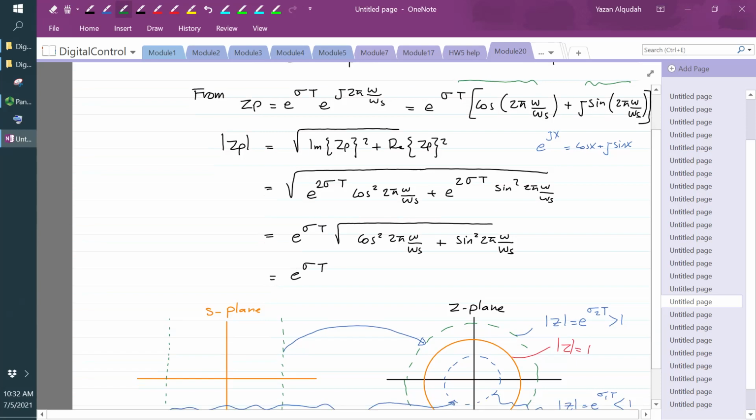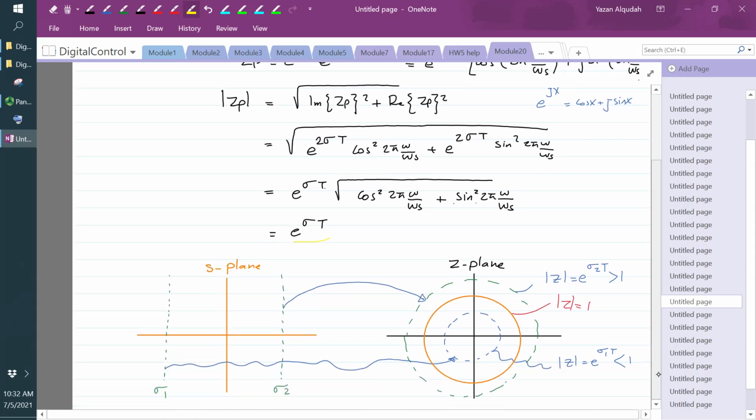I get e^(sigma·T) multiplied by the square root of cosine squared plus sine squared. This is going to give me a 1, and therefore the magnitude of z_p is equal to e^(sigma·T).